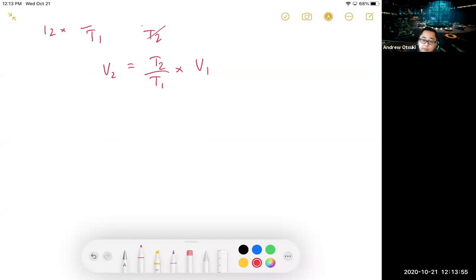So one of the most common mistakes is people forget to convert Celsius to kelvins. So we need to convert Celsius to kelvins. So first we want to put in our units. So V2 equals 4.5 liters over 65 plus 2. So let's just do it this way. So 4.5 liters.